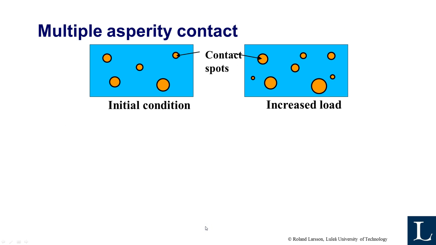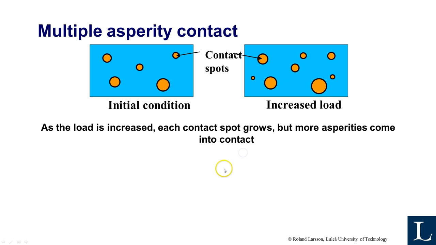And this is a kind of theoretical view of the multi-asperity contact. If you press the surfaces into contact, you may find a number of contact spots like this picture. If you then increase the load a little bit, each contact spot grows, but also more asperities come into contact.